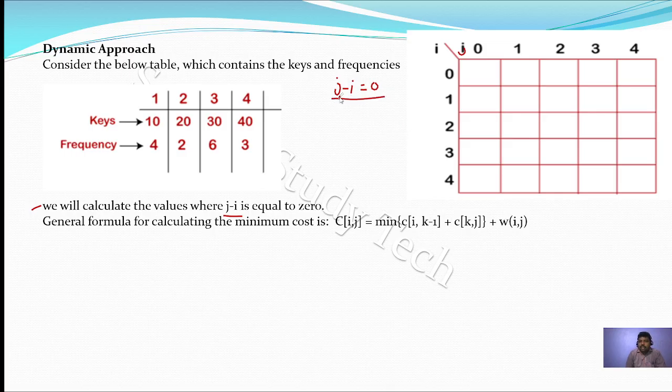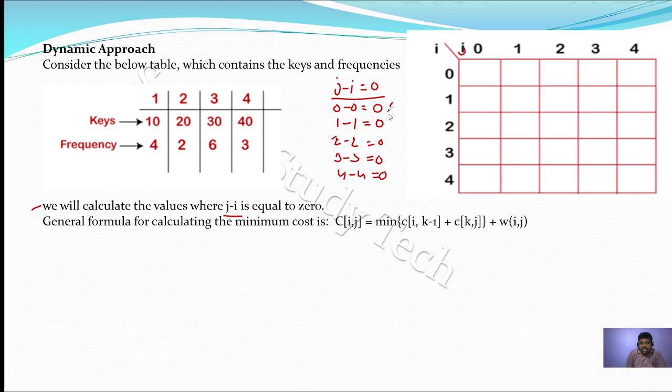When j minus i is equal to 0: 0 minus 0 is 0, 1 minus 1 is 0, 2 minus 2 is 0, 3 minus 3 is 0, and 4 minus 4 is 0.